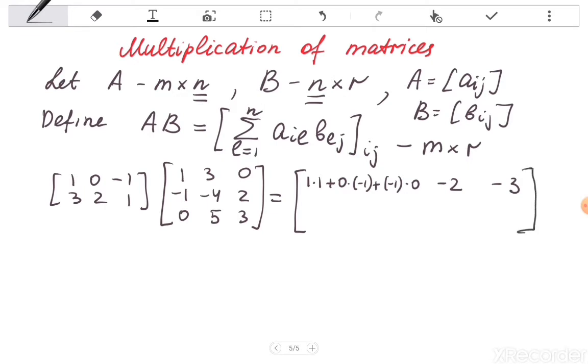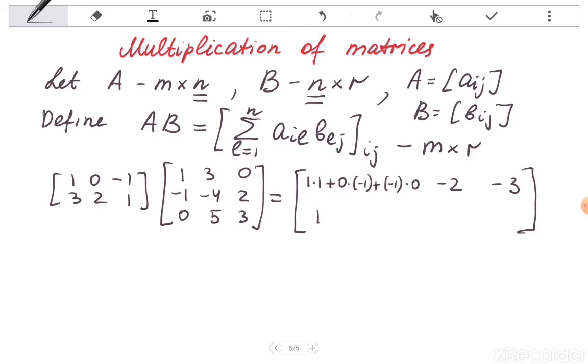Now we have the first row of the resulting matrix. Let's see how we can get the second row. To get the second row, we take the second row of the first matrix and multiply again by all columns of the second matrix. So the first element will be 3 times 1 plus 2 times minus 1 plus 1 times 0. So this is 3 minus 2 plus 0, so this is just 1. Then to get the second element, we multiply the second row times the second column. 3 times 3 is 9 plus 2 times minus 4 is minus 8 and plus 5.